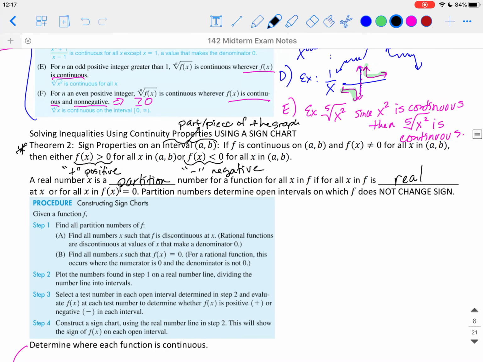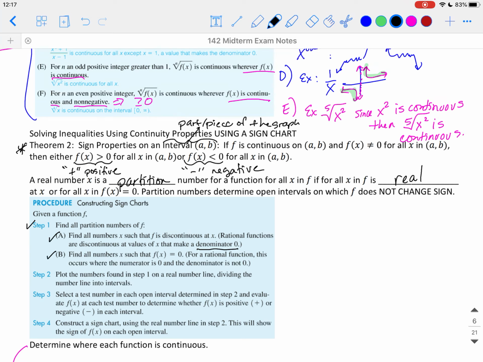So we have some steps for constructing sign charts. Given a function, find all the partition numbers of f. How are we going to do that? We need to find where it's discontinuous, which means we're going to make the denominator equal to 0 and find all the x values for that. And we're going to find all the numbers that make the function itself equal to 0.